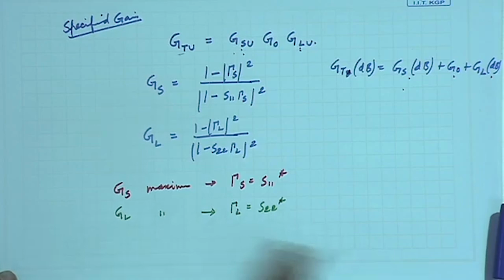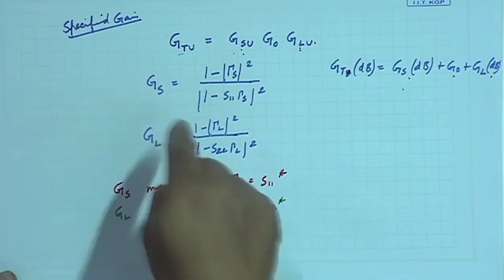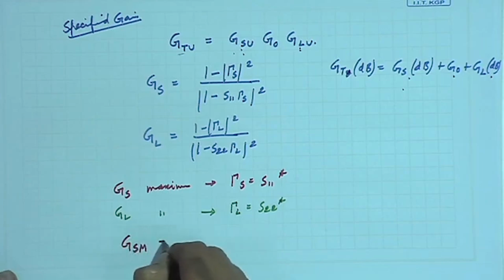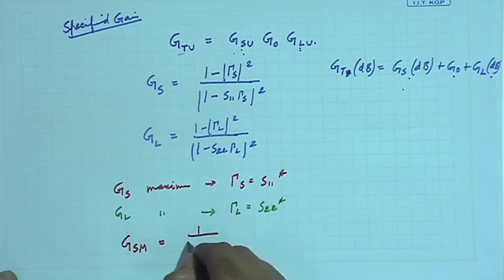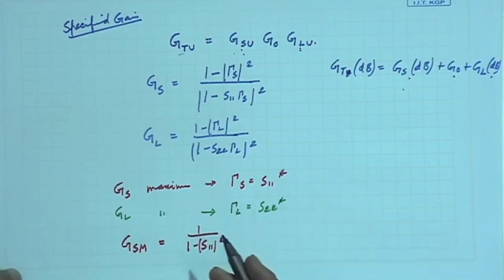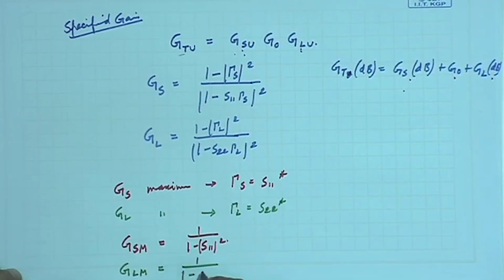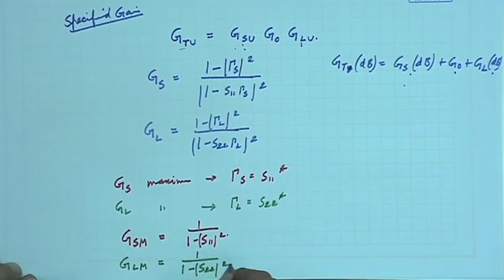If I can do that, then immediately there will be a maximum, and I can write that value: GSM is 1 by (1 minus |S11|^2). So, the maximum I can get depends on the S11 parameter. Similarly, from the output matching section, GLM is 1 by (1 minus |S22|^2).